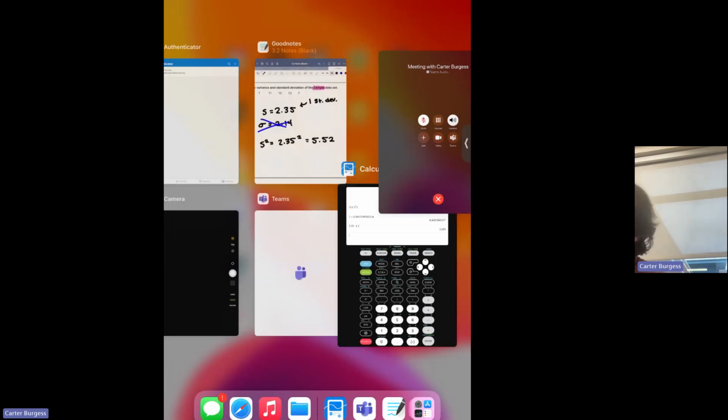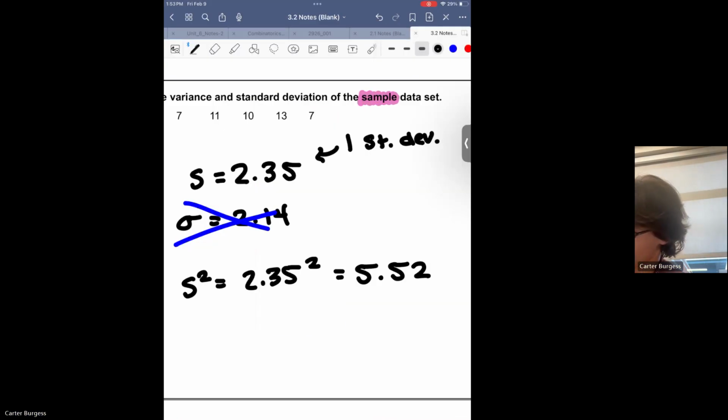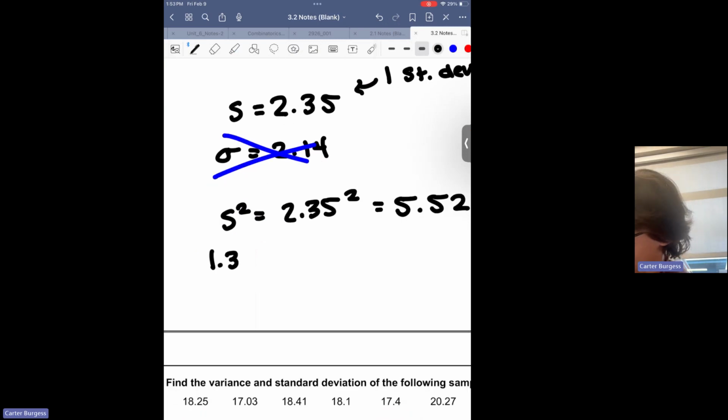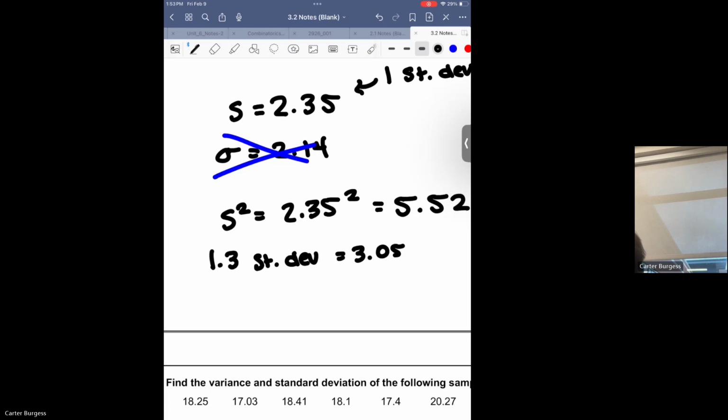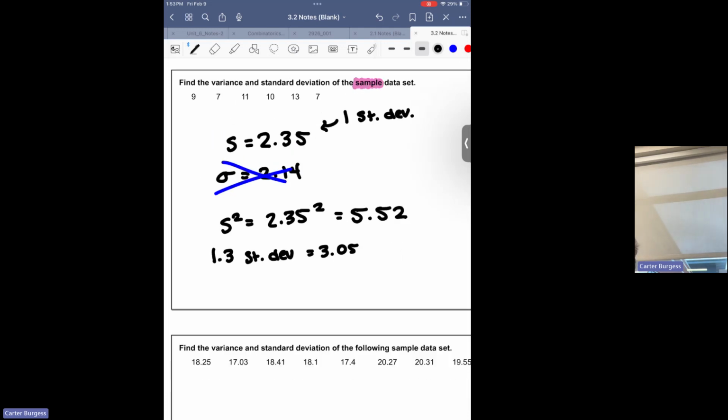We'll call it 3. So 1.3 standard deviations is equal to, it's like 3.05. Okay. So we're saying that we are 3.05, 1.3 standard deviations away from our mean.